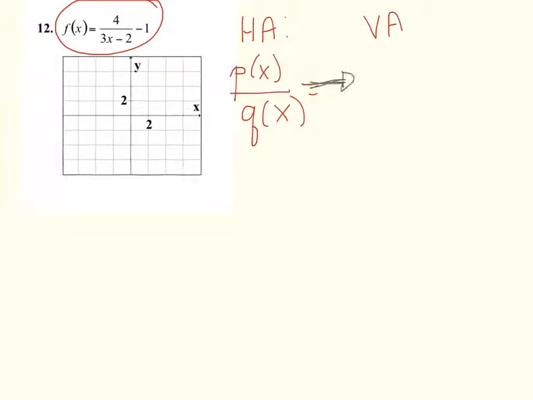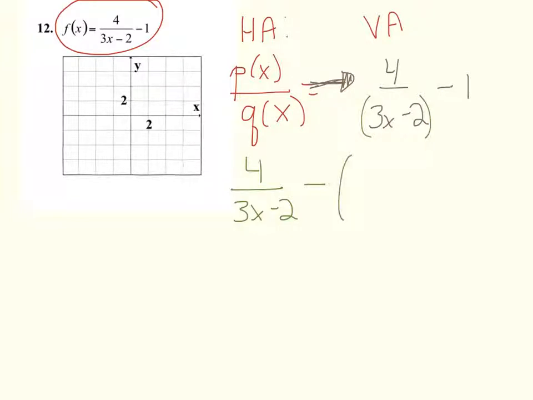So to get that into P of x over Q of x, I need to write it as one rational function. So I need a common denominator. I want to combine these two so that I can get it as one function. So my common denominator is 3x minus 2. So I'm just going to go ahead right away and write 1 as 3x minus 2 over 3x minus 2.